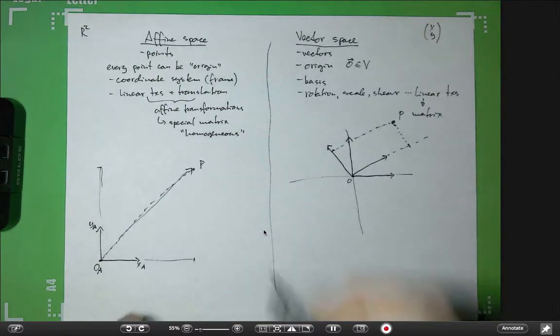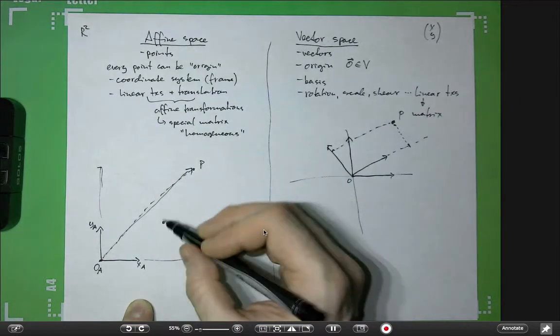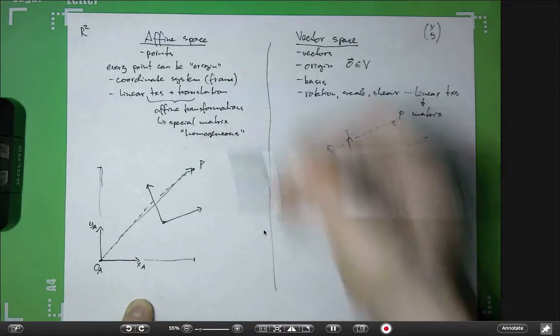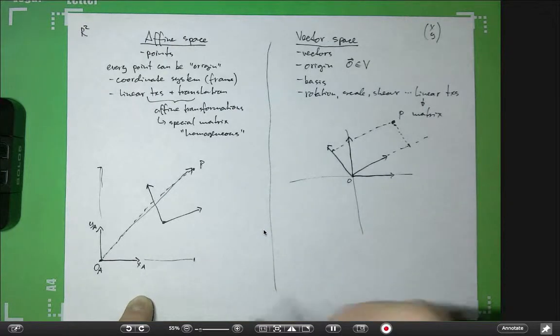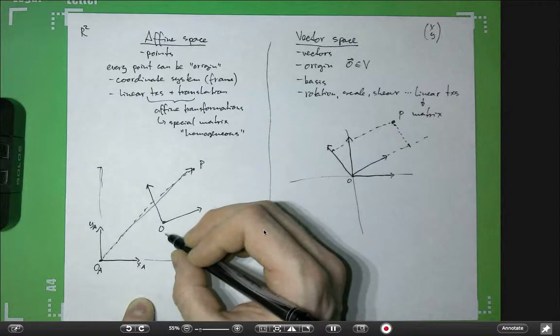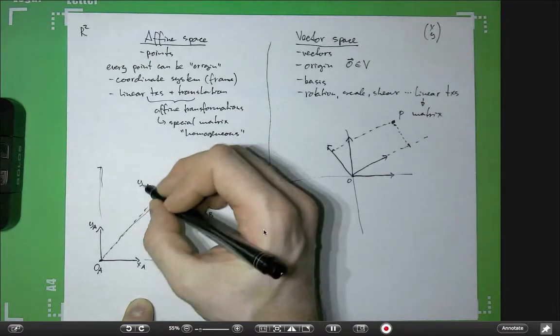So what else? I can pick a different coordinate system. Let's pick one that has a different origin, that will make it more interesting, and also different basis vectors. By the way, they would not necessarily have to be orthogonal, but usually it's convenient to pick orthogonal vectors. So this could be some origin B, and I would have two vectors xb and yb.